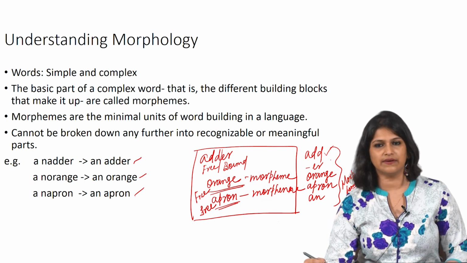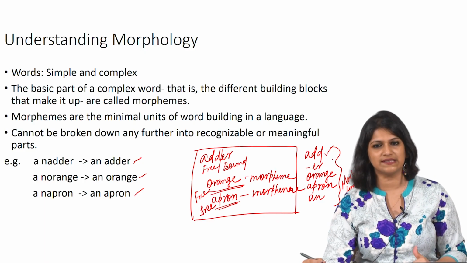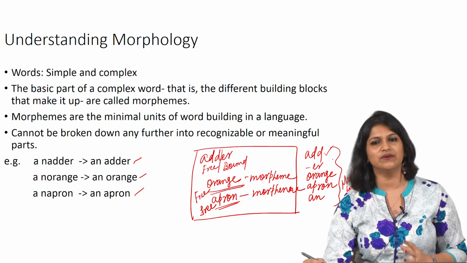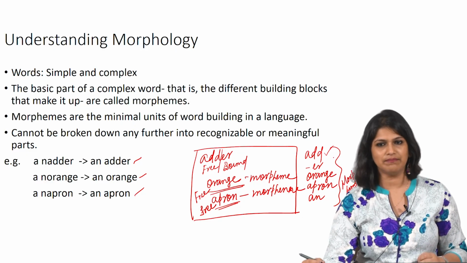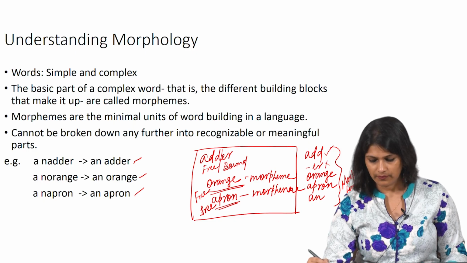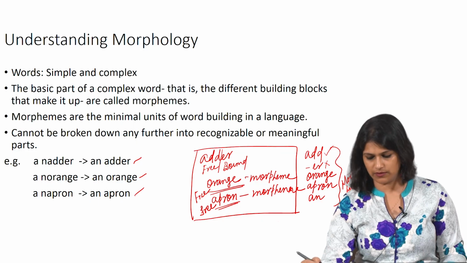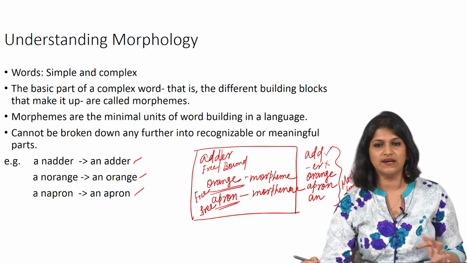Then come to the second one, -er. Do you think it's a word? No, it will not be considered as a word because it doesn't give you complete meaning. It does have some meaning, but that's not the complete meaning. So it's no word, but it's definitely a morpheme. So morpheme we have already written, but we put a cross for its word status.